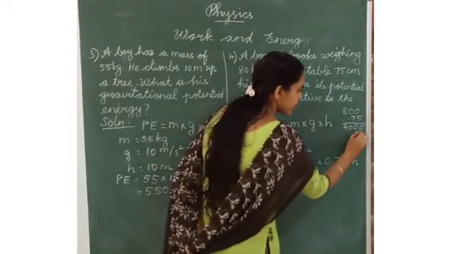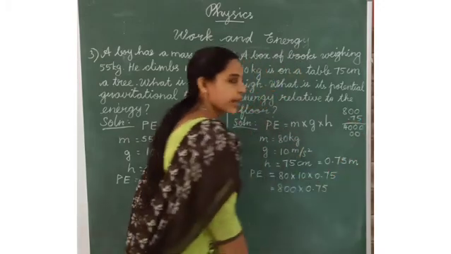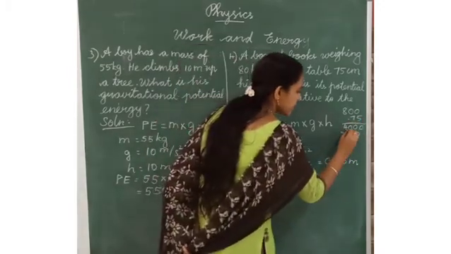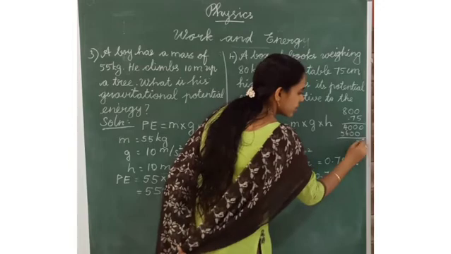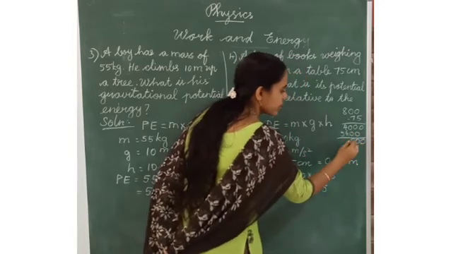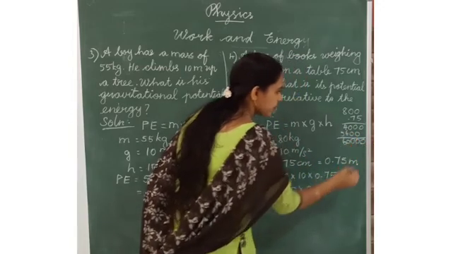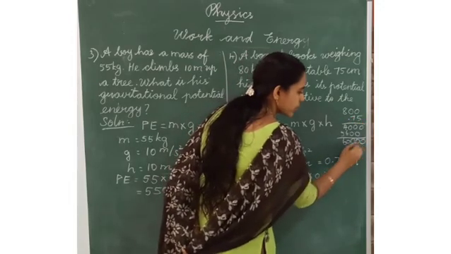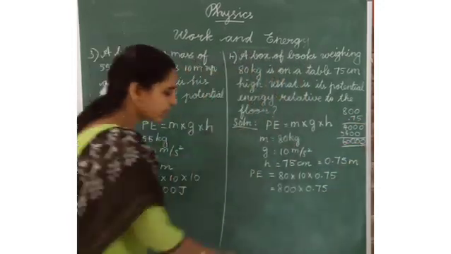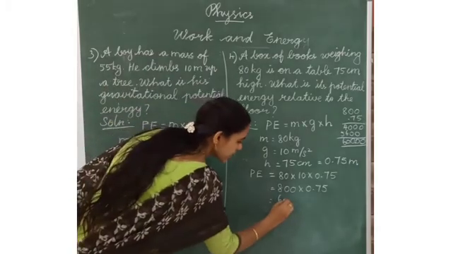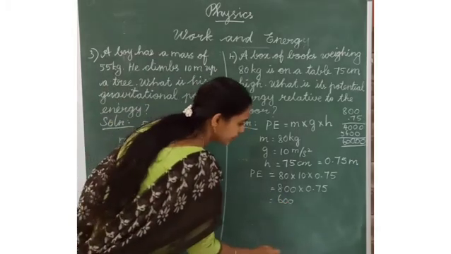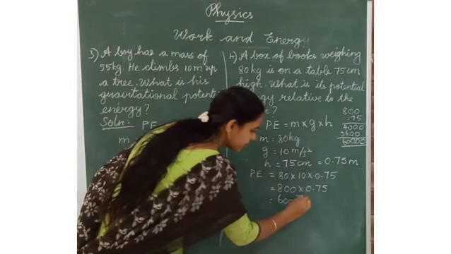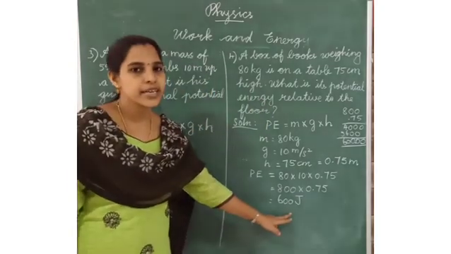Then 8 7s are 56. Add the numbers: 10, 6. Listen, after two numbers we have the decimal, so we have to keep it here. What is the answer now? 600 joule. The answer is 600 joule.